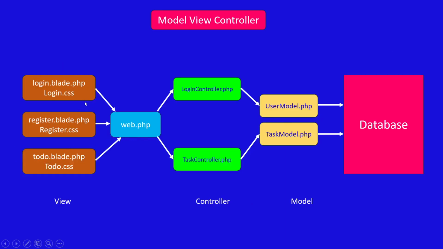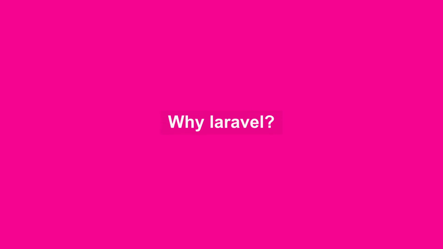Here, all the front end will connect to web.php. From web.php it will be connected to the controller. So again, here you can see model view controller. This is called the model view controller pattern. With the help of model view controller, we can control the flow of information from front end to back end.